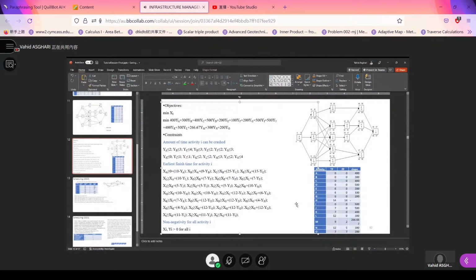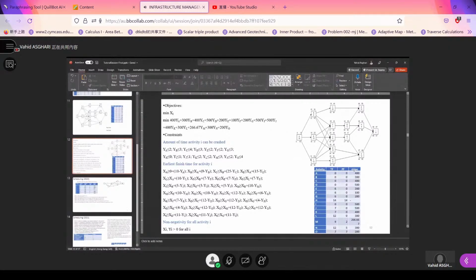The objective function tells us how much money we should put on activities to accelerate them. And also we want to minimize this investment. We don't want to overspend our money. We usually have a limited budget.